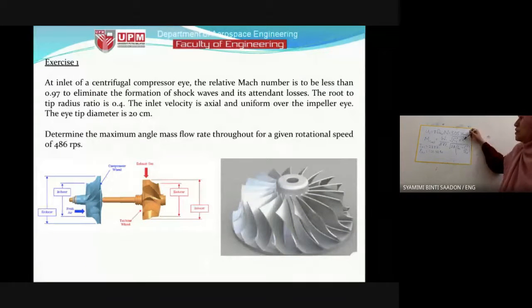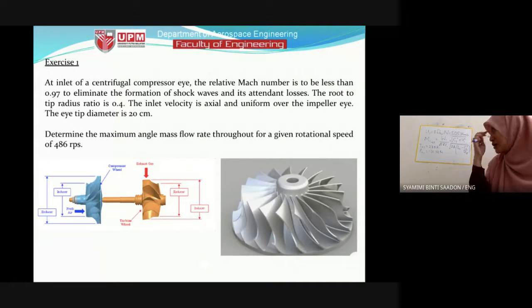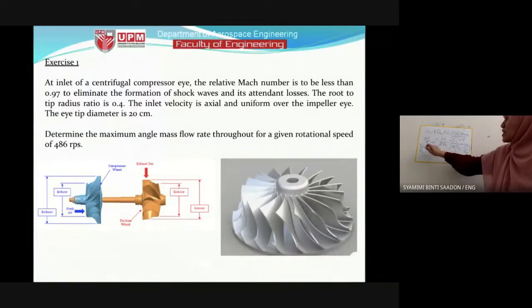We know U1, 305.36 meter per second. R and gamma are parameters, so we use R as 287, and gamma 1.33, we can take 1.33 or 1.4. This one is 0.97, given. So we are only left with C1, the absolute velocity, unknown. We rearrange this equation to calculate C1.